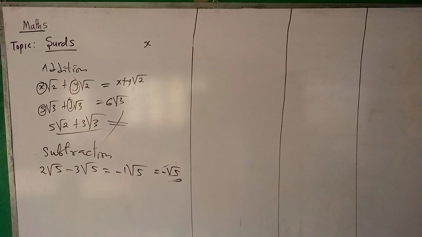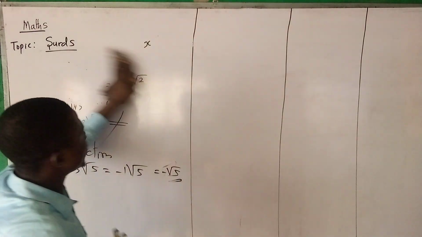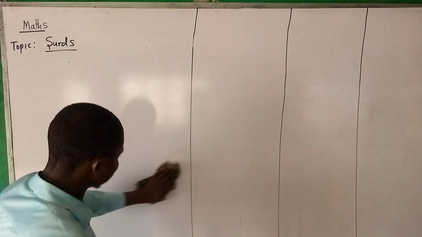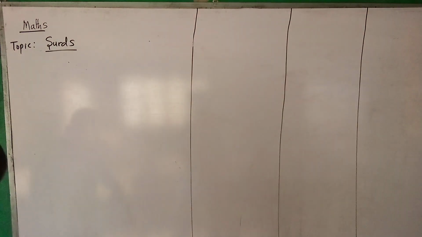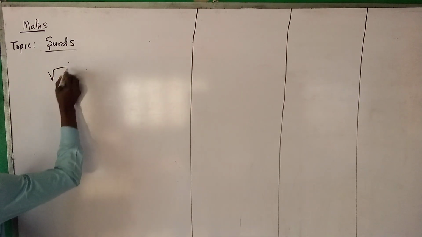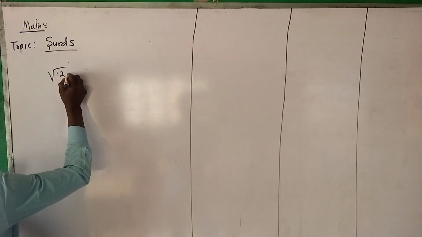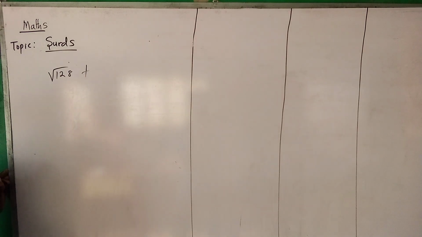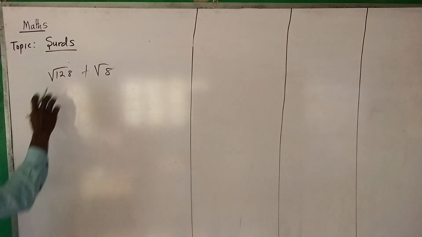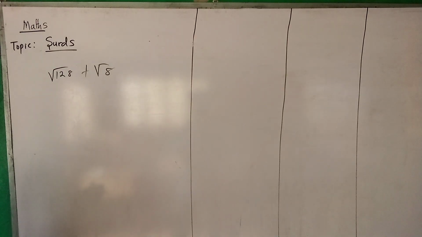And if you are adding or subtracting surds, make sure that you first of all simplify the surds before you begin to subtract or add, right? Because if I say you add something like surd 128 plus surd 8, you cannot add this unless you have simplified it, right?